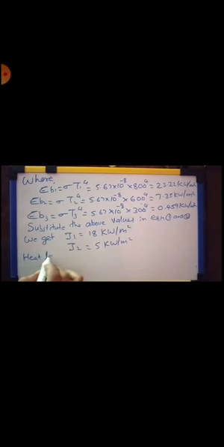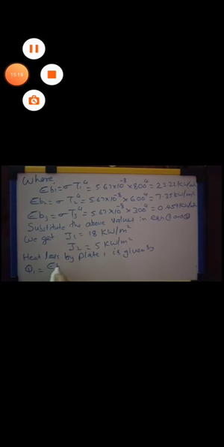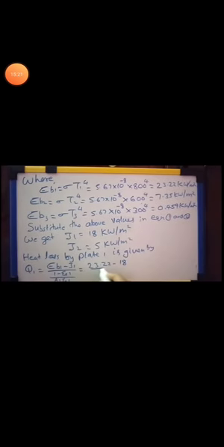Then heat loss by plate 1 is given by Q1 is equal to EB1 minus J1 divided by 1 minus epsilon 1 divided by A1 epsilon 1. That is 23.22 minus 18 divided by 0.25.